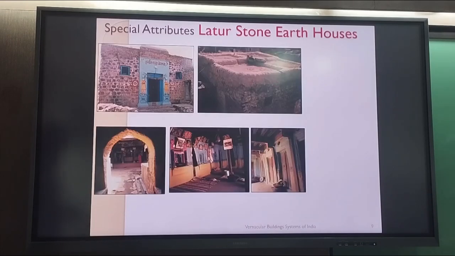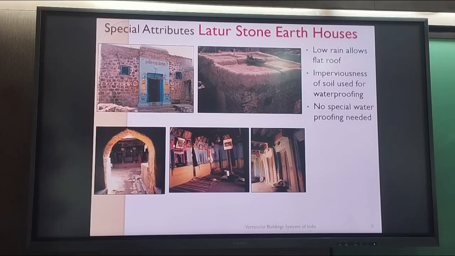But you come to the Latur area, Marathwada, where I mentioned earlier, the stone houses have flat mud roofs. Because there's very little rain, you don't need a pitched roof, and most of the areas have impervious soil, which is highly clay and provides excellent waterproofing.